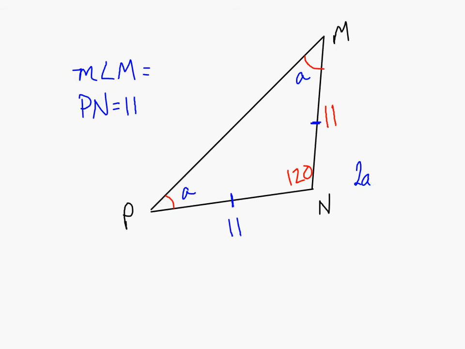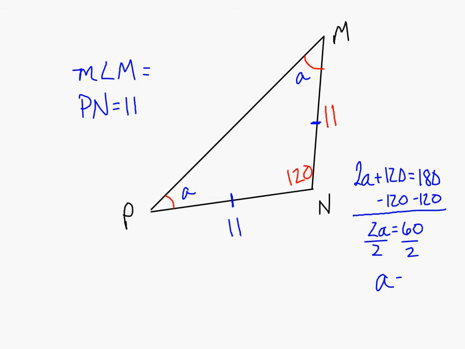You've got 2A plus 120 equals 180. Subtract 120, so 2A equals 60. Divide by 2, and A equals 30. So the measure of angle M is 30 degrees.